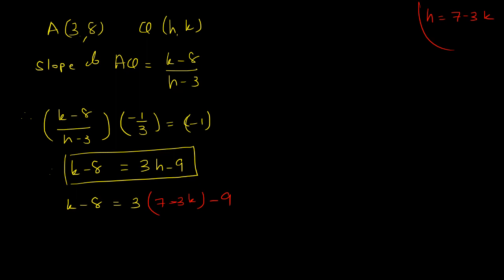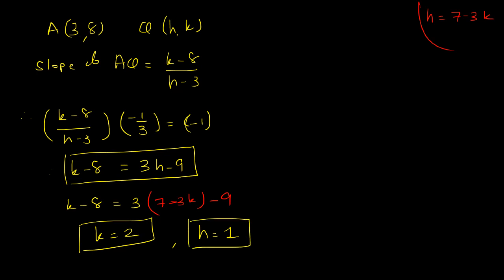Whenever I solve this, I'll get k equal to 2. K equal to 2, from the above equation, I'll get h equal to 1. So now we have the point Q, that is h, k, 1 comma 2.